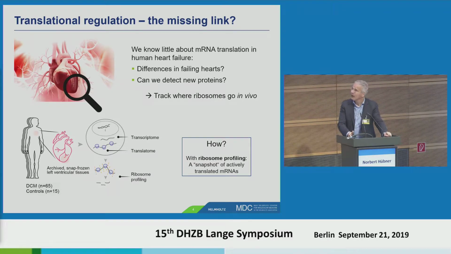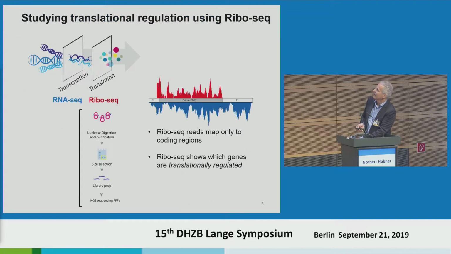And we have been using a certain method to actually close that gap from RNA to protein a bit better, a technique that is called ribosome profiling, where we look at a snapshot of actively translated RNAs. Basically, if we look at the transcription of a gene, we look at the entire coding sequence, including the 5' and 3' untranslated regions.